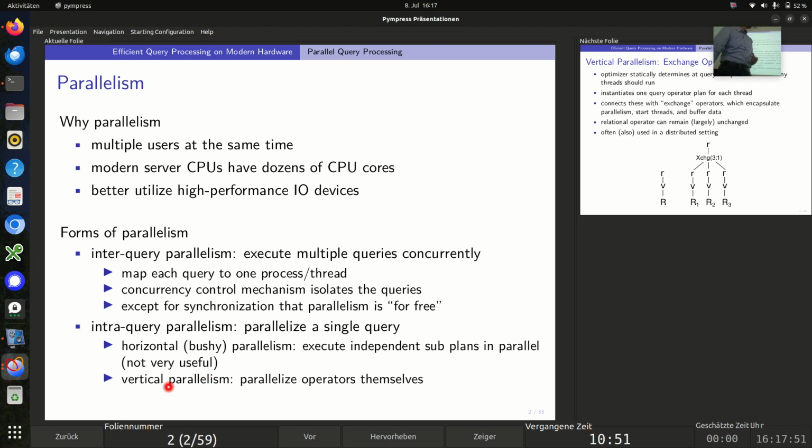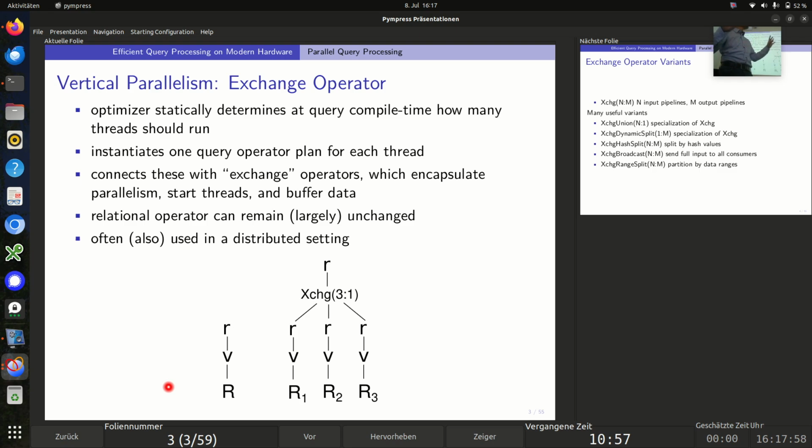I said we have to introduce more operators. And that's also the idea if you have heterogeneous hardware: you have here an exchange operator. Now we can guess what kind of operators these should be. I think one would be, for example, a selection, another one would be a projection, and in between, of course, an aggregation.